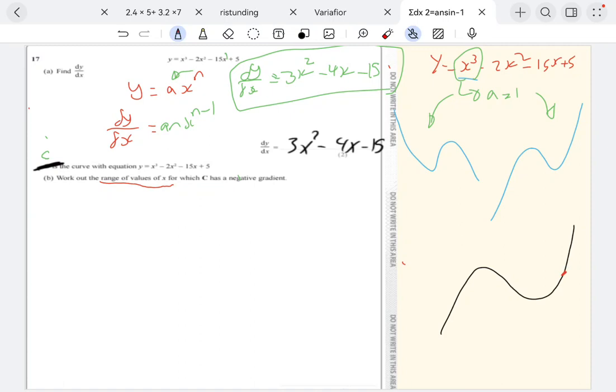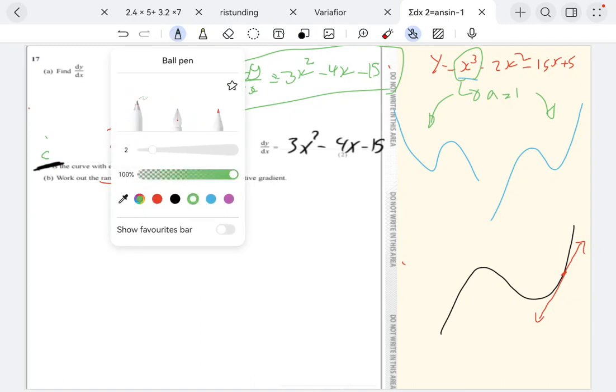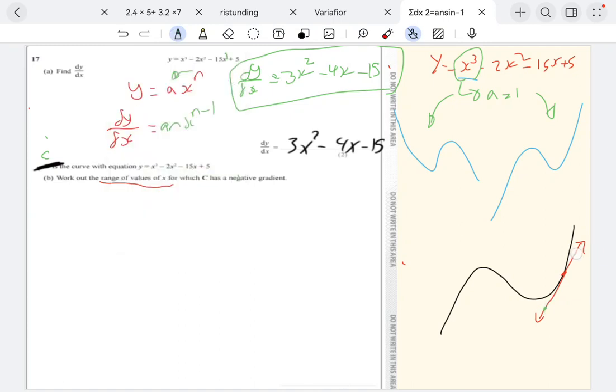I'm going to draw a tangent that goes through this point, and then I will assign 2 points on the tangent, then I get rise over run. That's the old way. This way is not accurate. It gives me approximately a correct gradient. About. Not accurate.